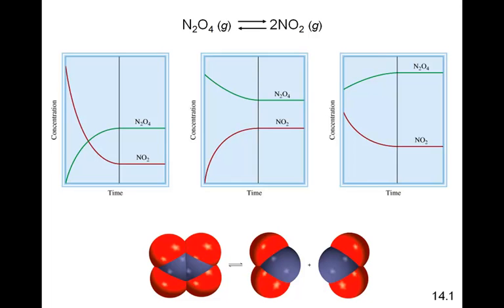Looking at 3 different scenarios, it's definitely 3 different scenarios. We can see one scenario in which we start out with nothing but NO2. So if you look at this scenario right here, we start out with NO2. And of course, as time goes by, the concentration of NO2 drops, because of course it's becoming N2O4. Then we can begin to see the concentration of N2O4 begins to rise at the same time that the concentration of the NO2 drops.